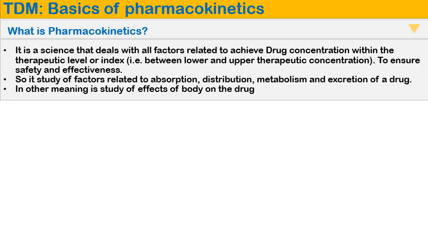In other words, it deals with achieving a concentration between the lower and upper therapeutic concentration to ensure the safety and effectiveness of a drug. So it is a study of factors related to absorption, distribution, metabolism, and excretion of the drug.